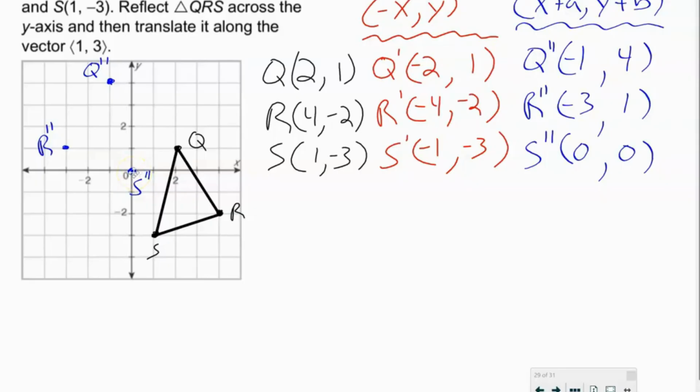Double prime, I should say. And now all I got to do is connect the dots. And there we go. And that's it. That is a composite of transformations.